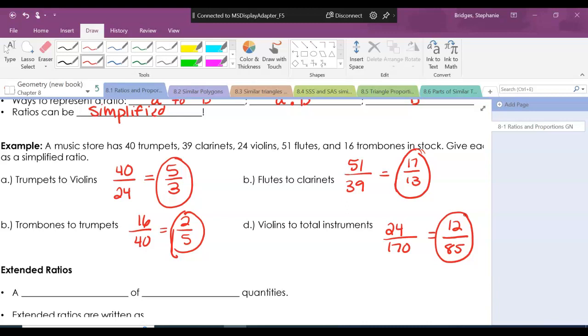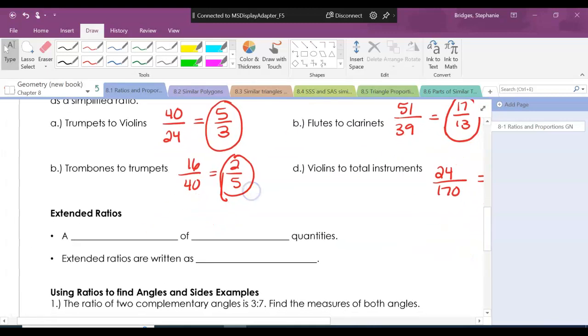All right, then the next kind of ratio that we're talking about is an extended ratio. An extended ratio is a comparison of three numbers or three quantities. And there is only one way that we can write an extended ratio, and that's with a colon in between.